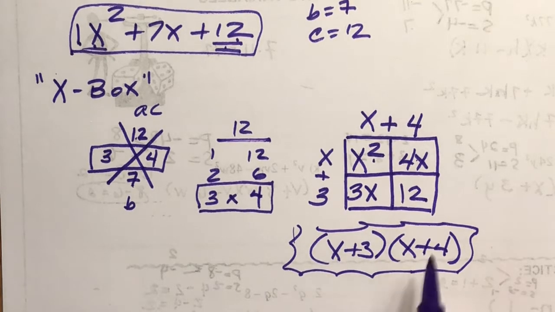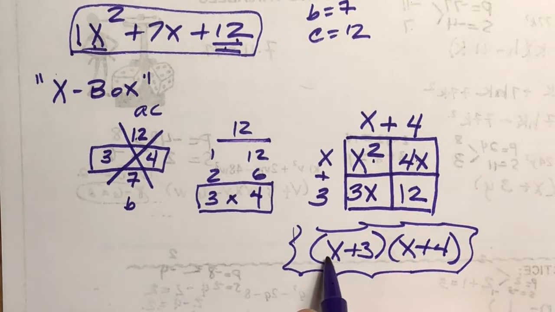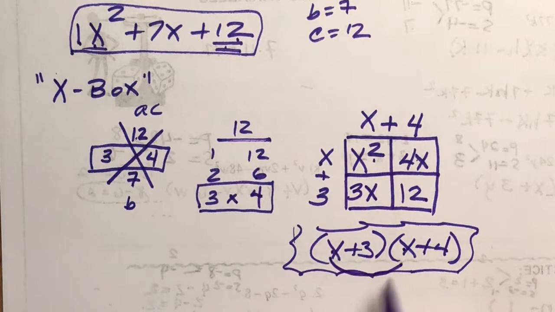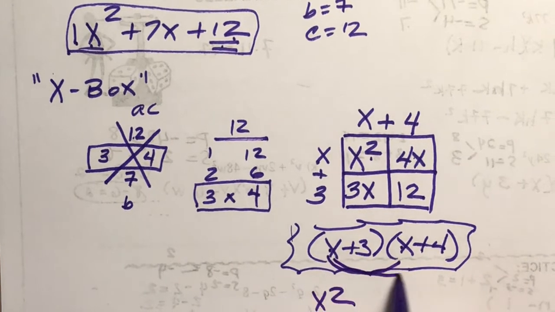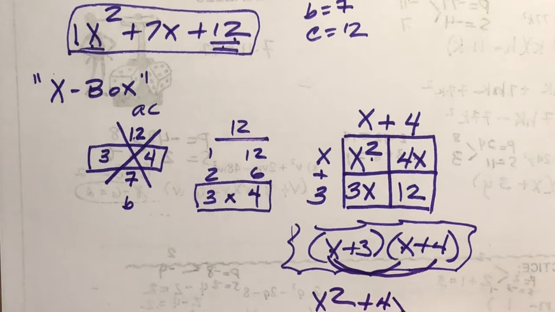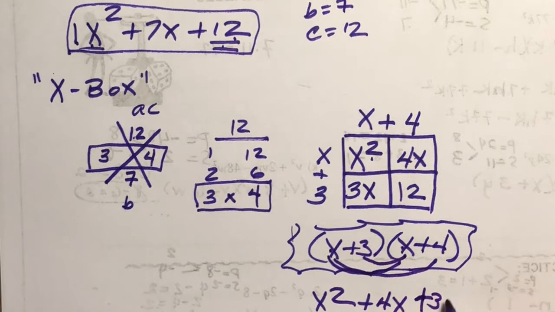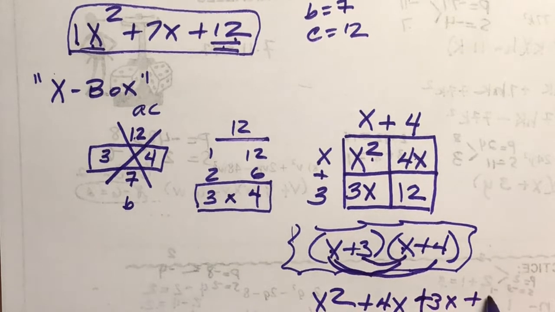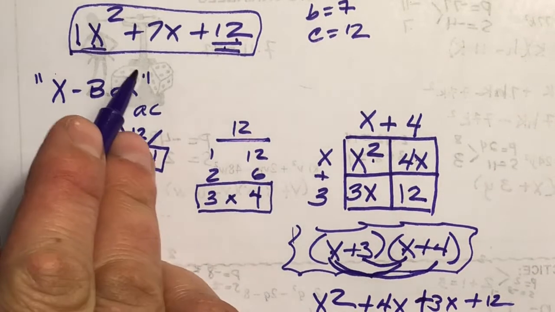When I multiply these 2 factors, watch this, x times x is x squared, plus 4x inside, plus 3x, plus 12. The 2 middle terms add up to 7x, plus 12, and that's the same as what I started with up there.